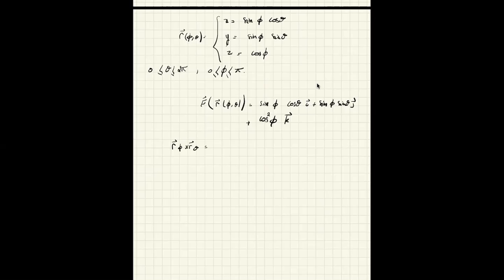If you take the cross product, it will give you sin squared phi cos theta i plus sin squared phi sin theta j plus sin phi cos phi k. So this is outward, but it's not normalized.